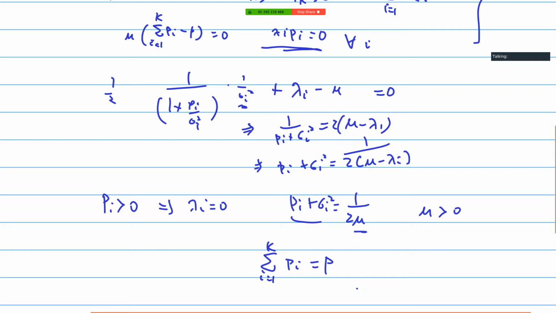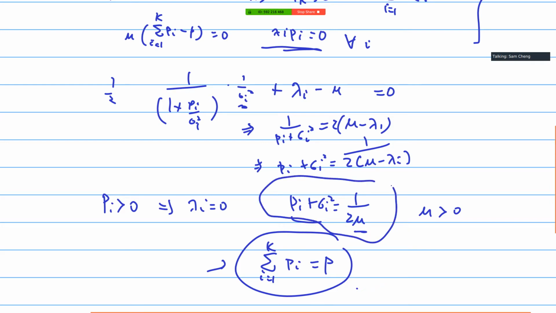Of course, this is the constraint we need anyway. I don't know why I'm writing it here. But just look at this one. Already we have sufficient information to claim what pi is supposed to be.